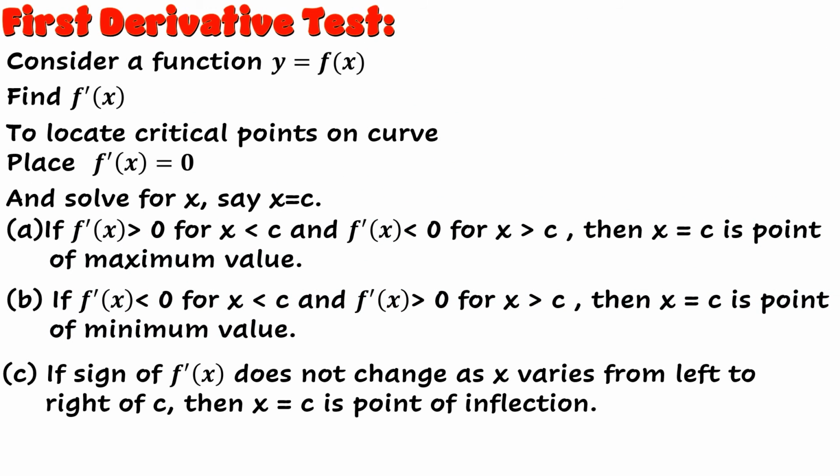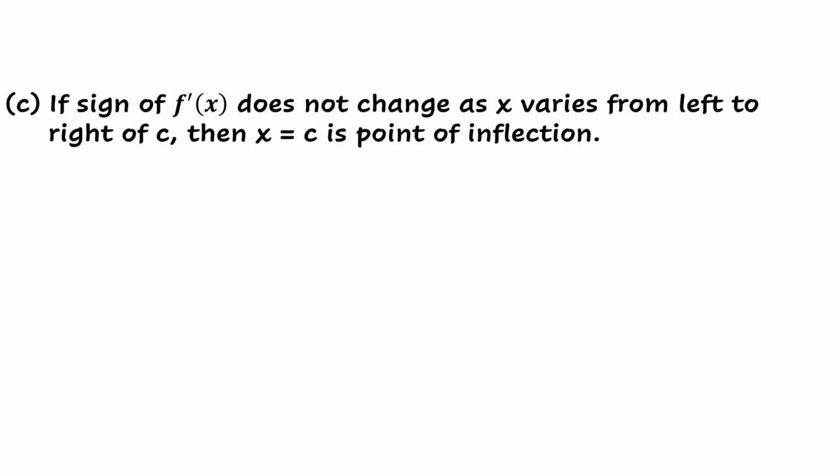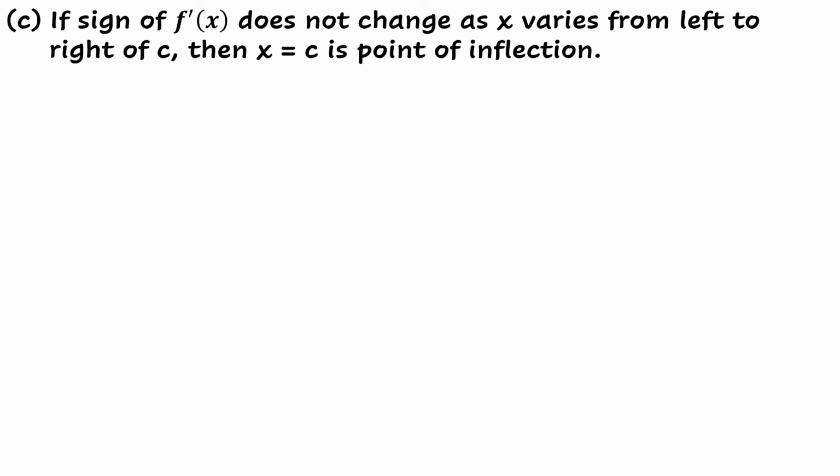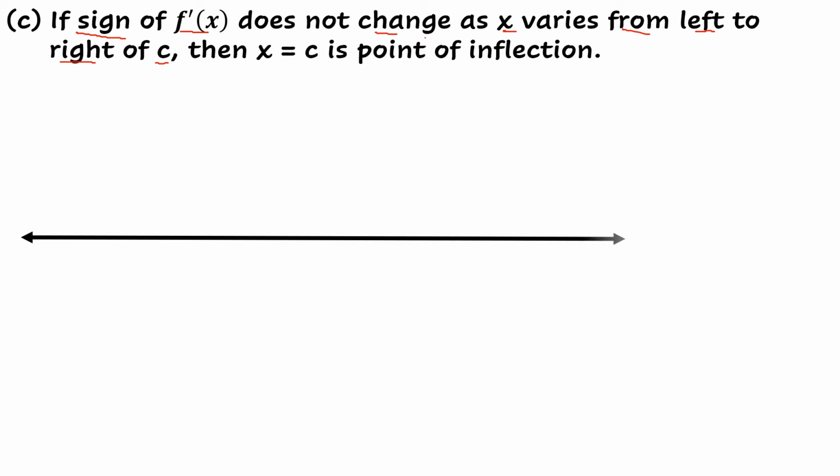Now we discuss the last point of the statement of a first derivative test. Now we investigate what happens when the sign of first derivative does not change as x varies from left to right of point c. Let's explain it by a graph of a certain portion of a curve.